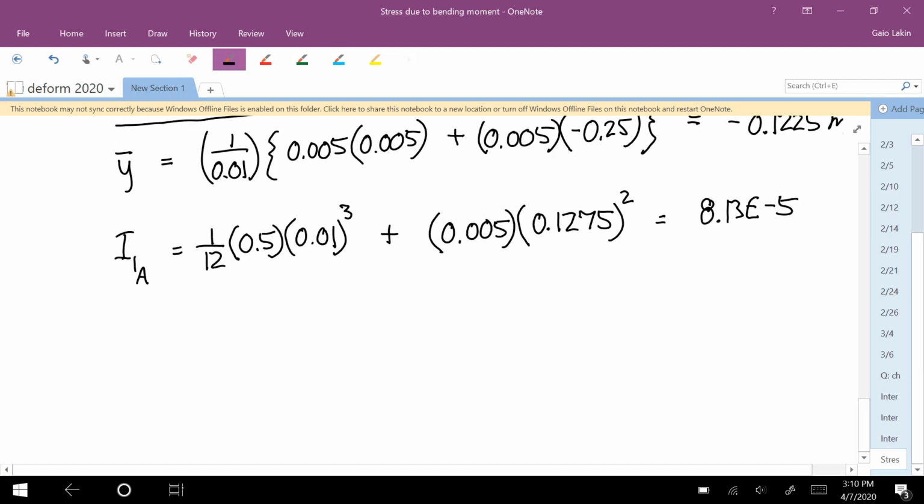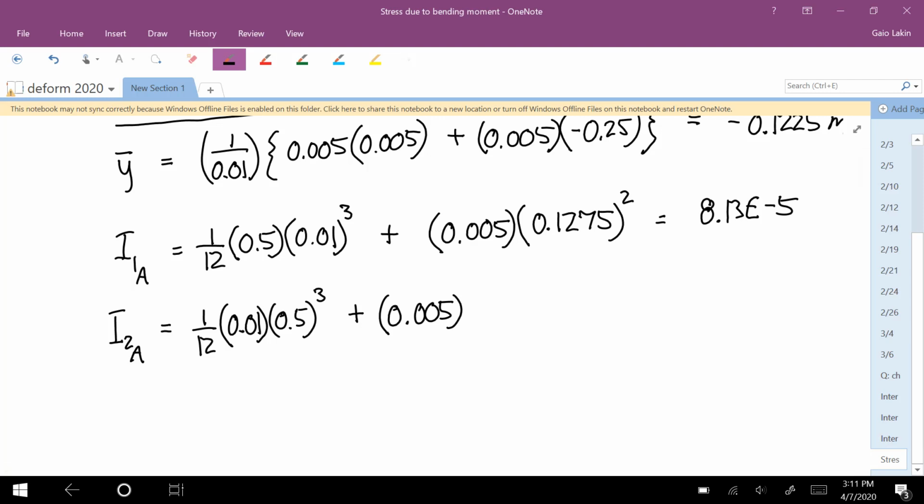Okay. And now we go to the second rectangle. The area moment of inertia of the second rectangle about the neutral axis of the whole cross section is 1/12 times, now for this one, the base is 0.01, the height is 0.5, and then for this one, the area is still the same, so the area times the distance squared from the centroid of that vertical rectangle to the centroid of the whole shape.